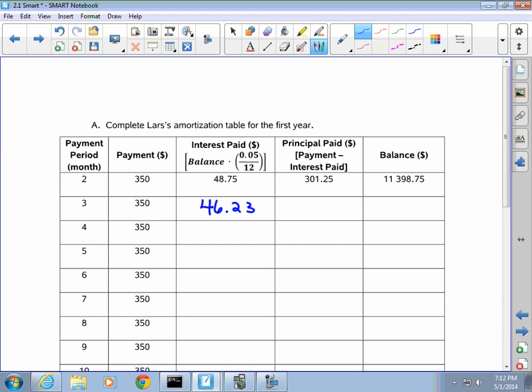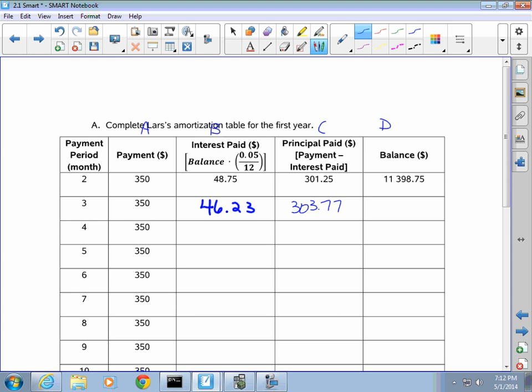So I'm just going to call these columns A, B, C, and D. To find your C, the principal, it's going to be the payment minus your previous balance minus your principal paid. Sorry, that's for D. Your C is going to be your payment minus your interest. So 350 minus 46.23 is 303.77.